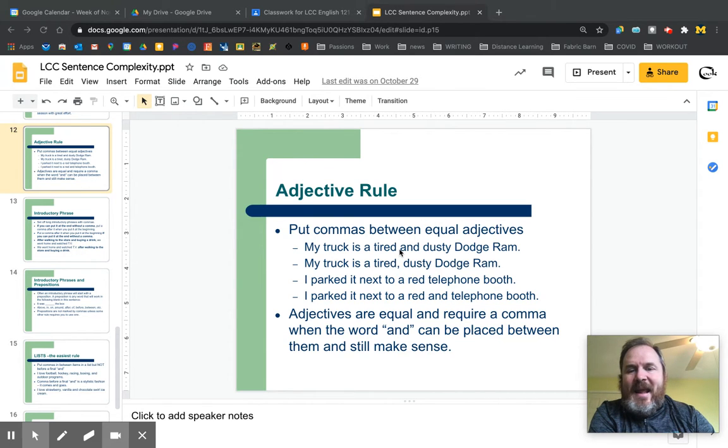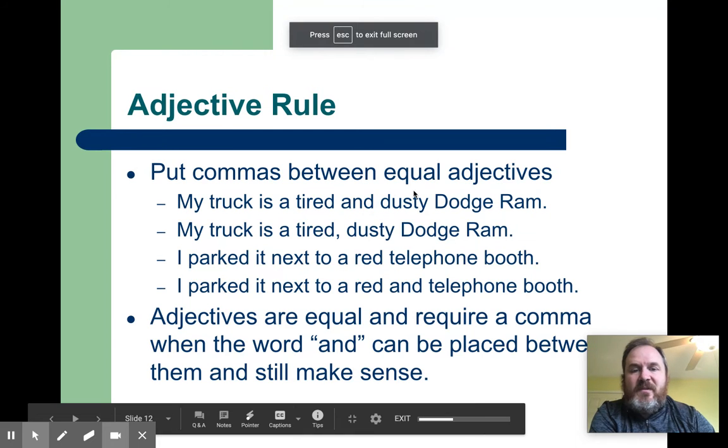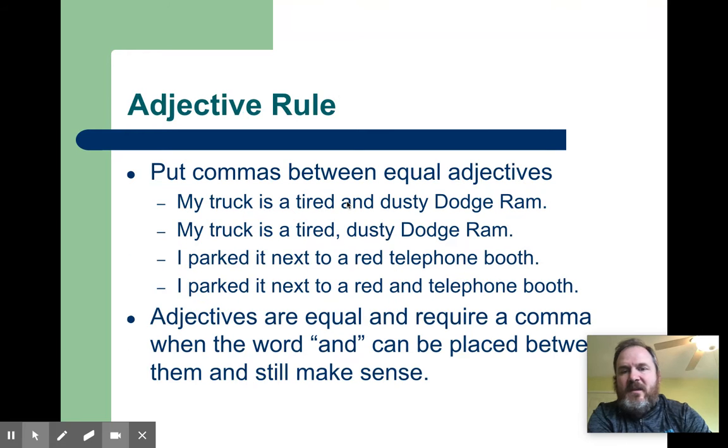Because the word and fits in between these two adjectives and it makes sense, that means I need to put a comma there.